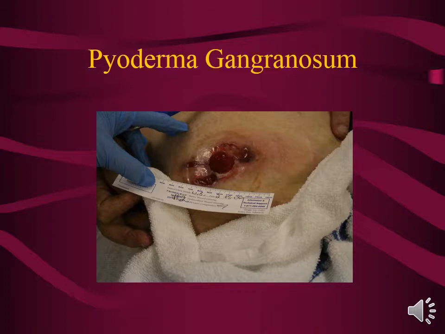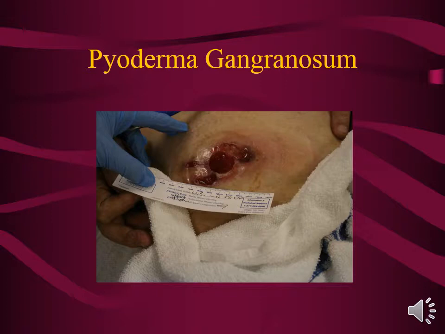And what we did to manage this was we used a silver alginate to fill in those wounds, and then the patient had to be on high doses of steroids. That helps heal the wounds, but it doesn't solve the problem because pyoderma gangrenosum is a secondary cause. You have to figure out why they had this, and it's usually due to some autoimmune process.